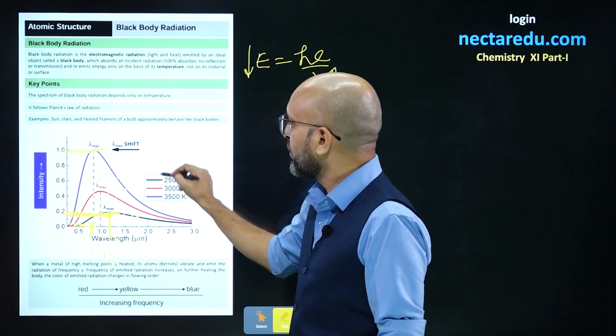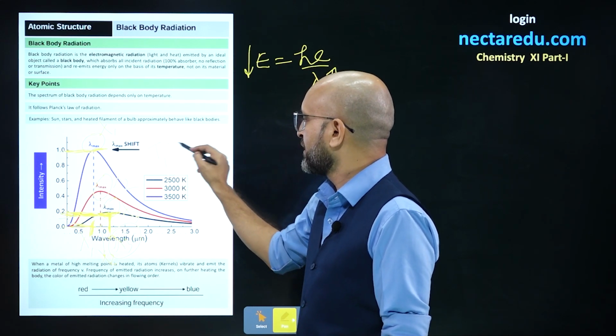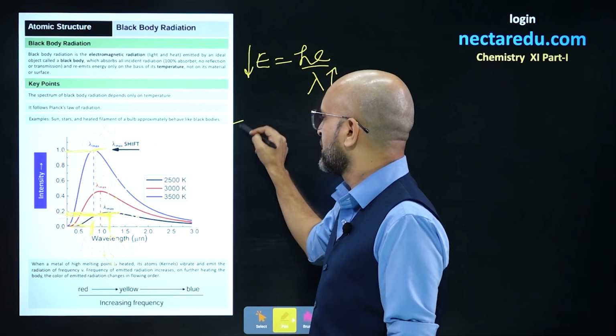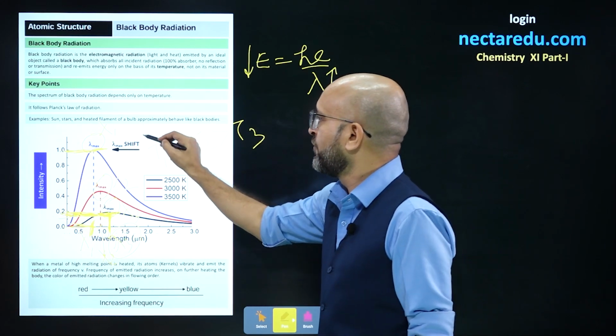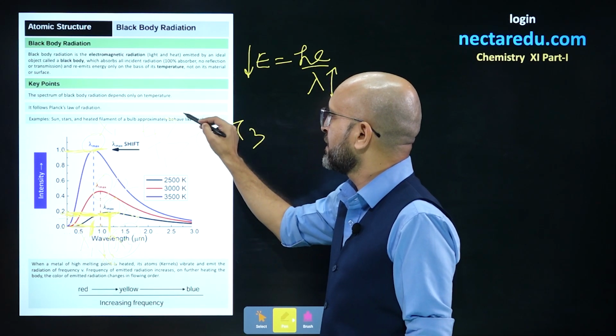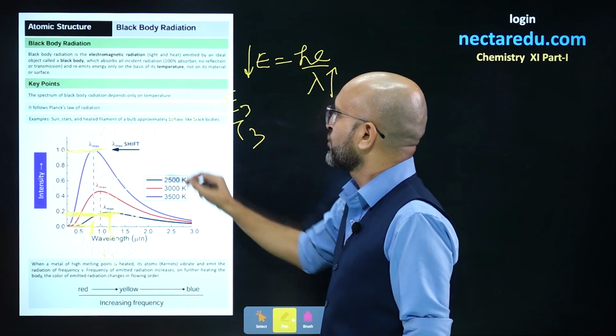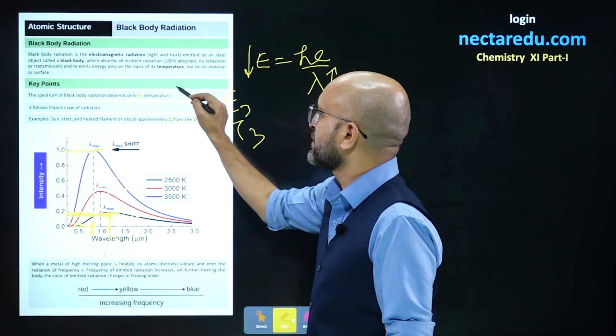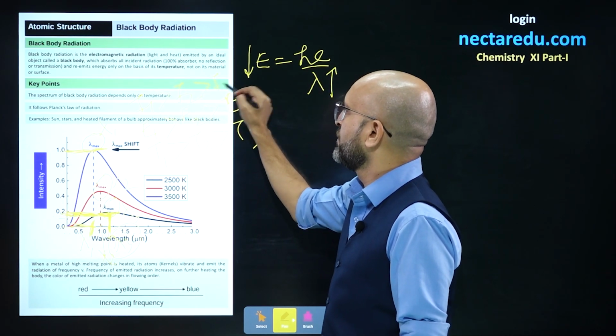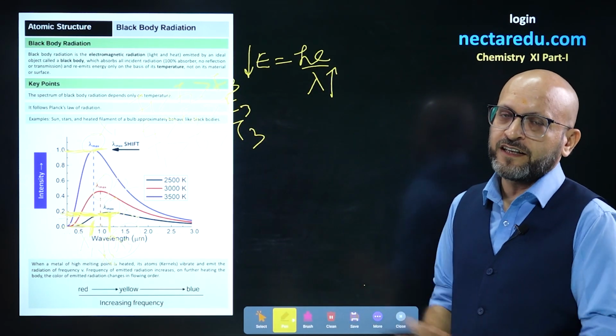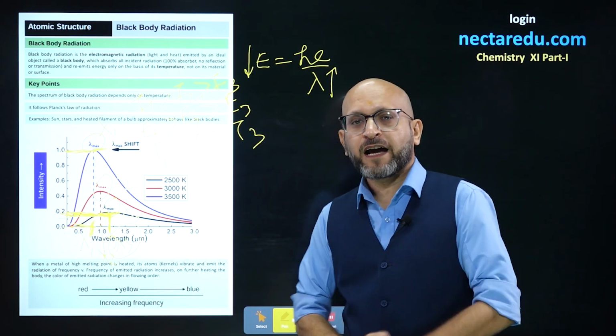So according to me, T1 will be greater than T2, which is greater than T3, because the energy of 1 is greater than the energy of 2, which is greater than the energy of 3. So the intensity of 1 is more than the intensity of 2, which is more than the intensity of 3. So we have explained everything about this graph on black body radiation.